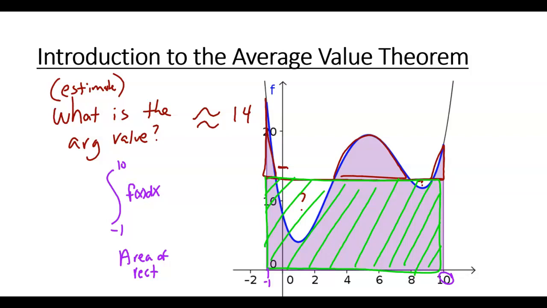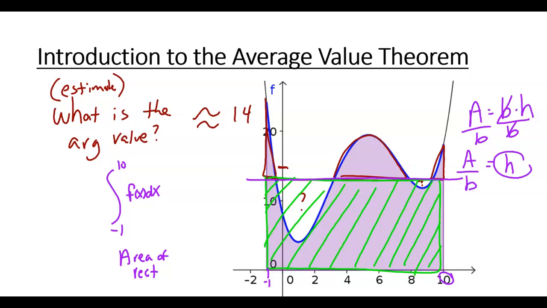Now, as you guys know, the area of a rectangle is base times height. So if you want to find the height, you divide by b on both sides, right? So the height is equal to the area divided by the base. The height of my rectangle represents the average value. Okay?